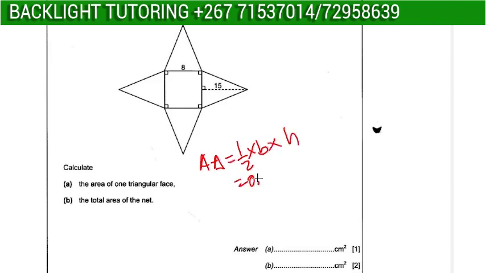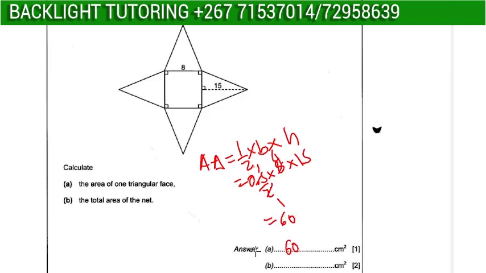So 0.5, which is half, times what is our base? Our base is 8 times height. Height is 15. So 0.5 is the same as 1/2. Just cancel, 4 times 15 gives us 60. So we are having 60 here.